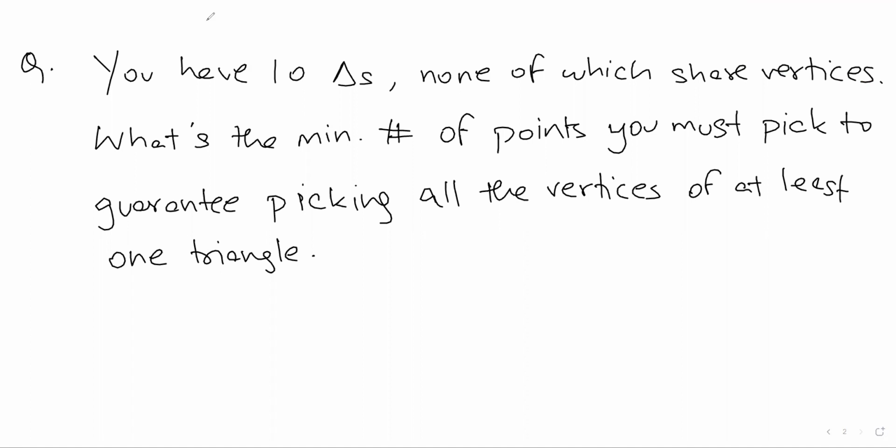Then for the second time, he'll take the second vertex of each of the triangles. Now for the third time, he definitely has to go for the third vertex. So even if we pick any of the rest of the vertices, we'll definitely have a triangle. So in the first round we have 10, in the second again 10, and one more when we pick, so 21.